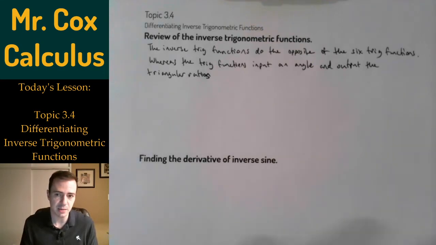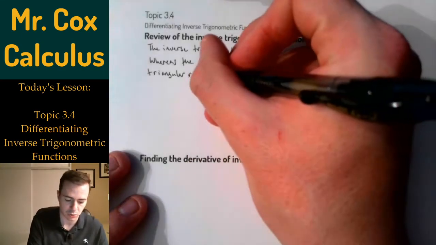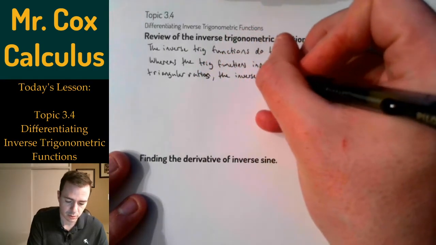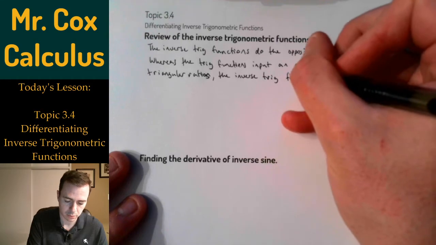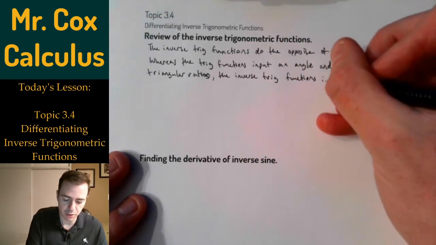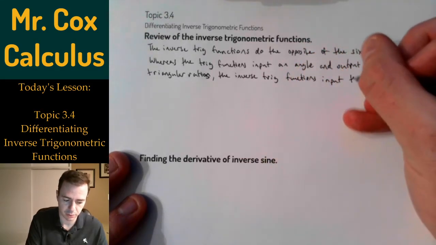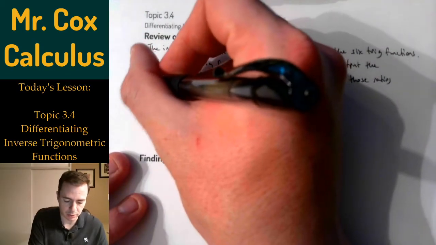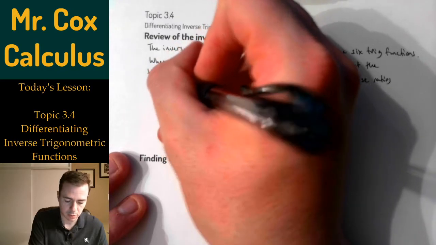So whereas they input an angle and output the ratios, the inverse trig functions input the ratios and output an angle.